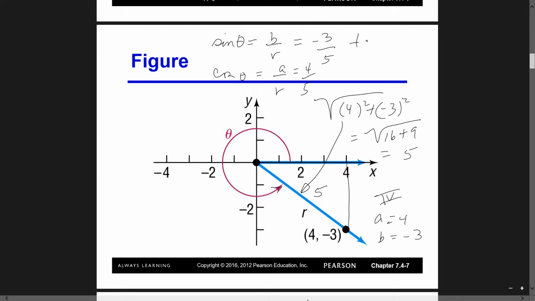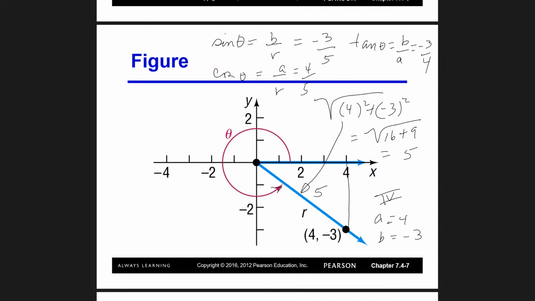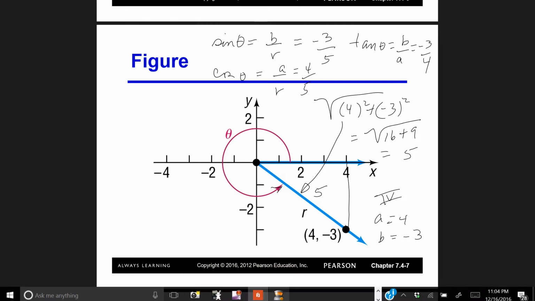And tangent of theta is equal to B over A, which is minus 3/4. And then you can go ahead and get the cosecant, secant, and cotangent by just taking the reciprocal of these functions.